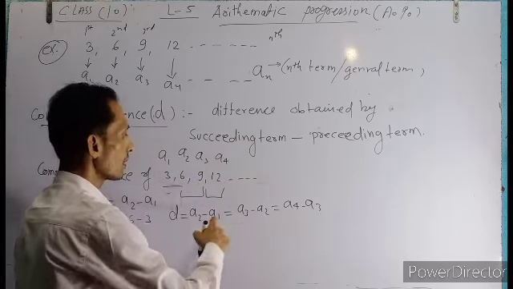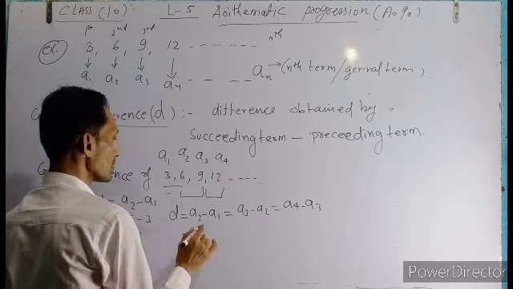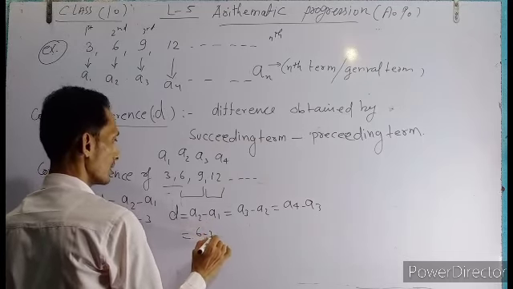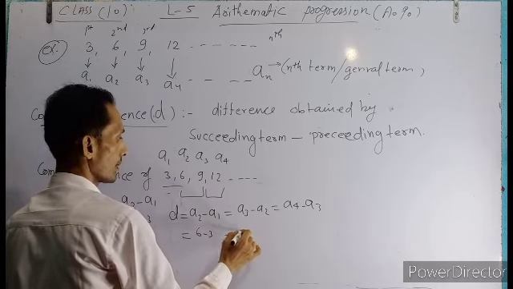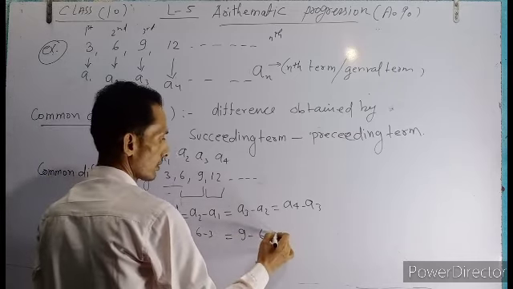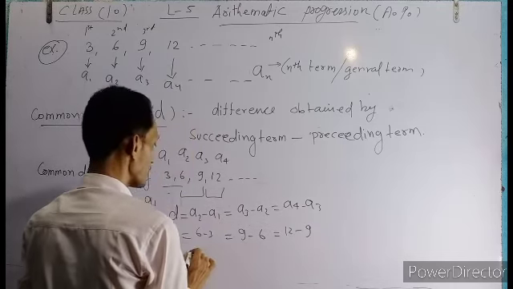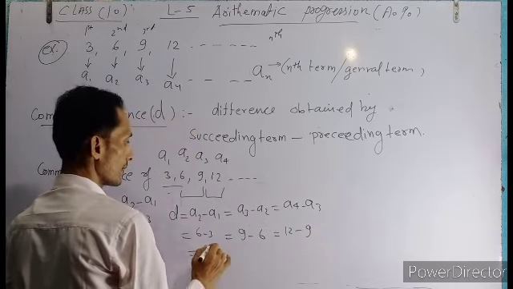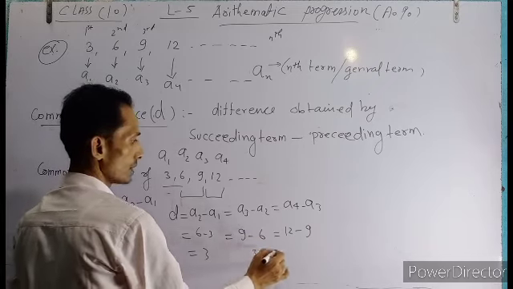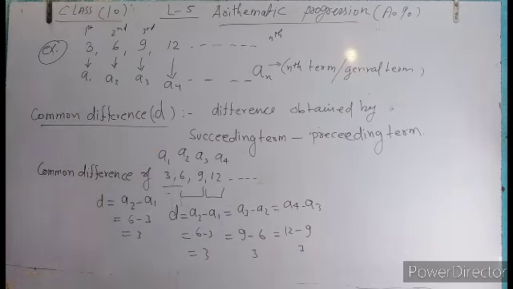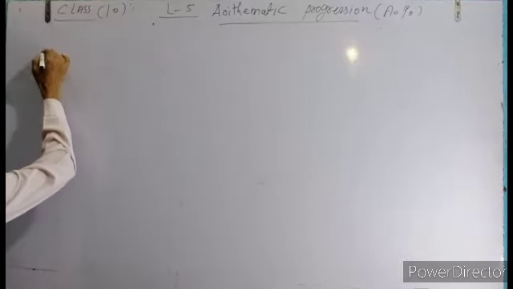You can observe that everywhere the difference is 3: 6 minus 3, 9 minus 6, and 12 minus 9 are all 3. So the common difference is the same throughout the AP sequence.